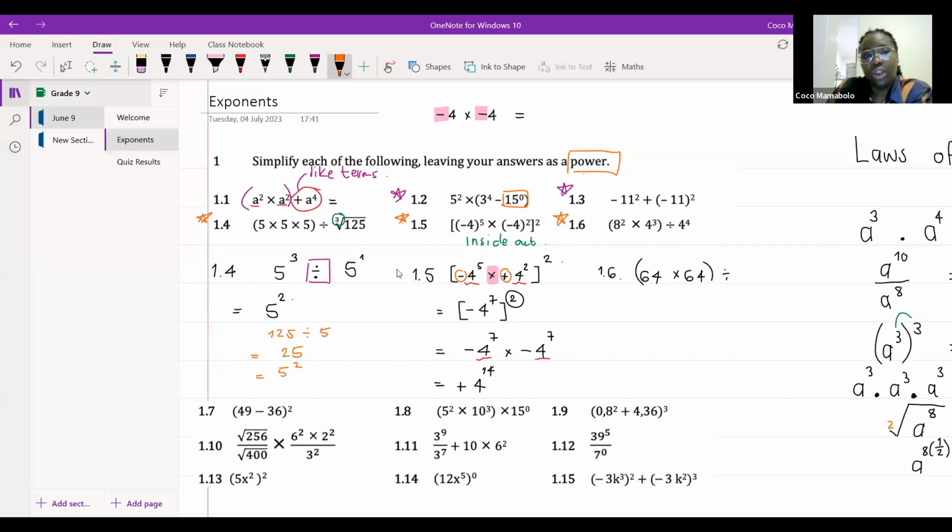Okay, so what I actually wanted you to notice is that 8 squared is in fact 64, and 4 to the power of 3 is also in fact 64. So what we can do is take 8 squared and rewrite it as 4 to the power of 3, because they're both the same thing.